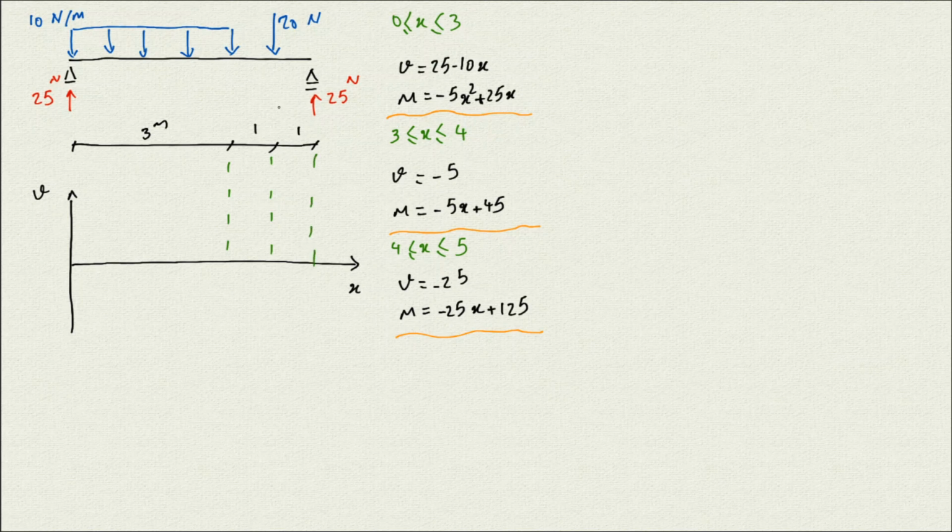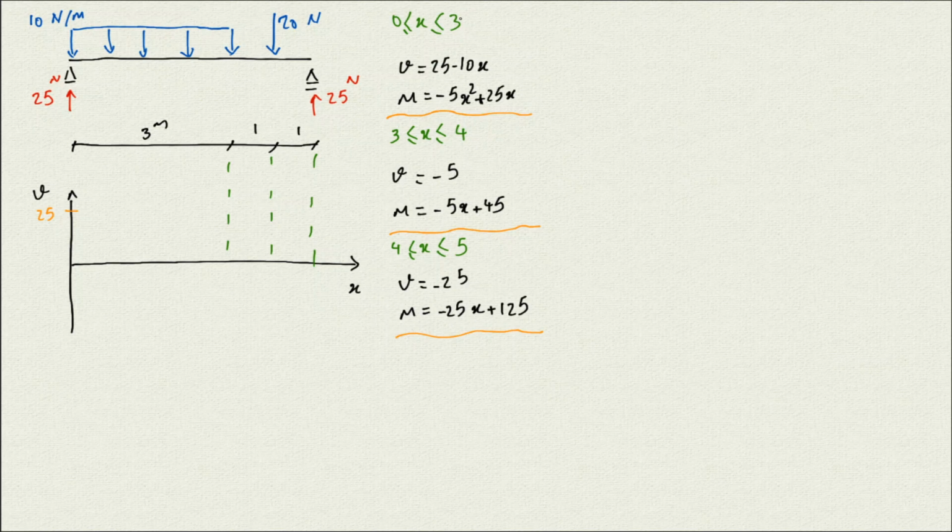So at the beginning, for the shear, I start between 0 and 3. So for x is 0, the shear is going to be 25. So I know that it starts from 25, assume this is a 25. So I start at 25.